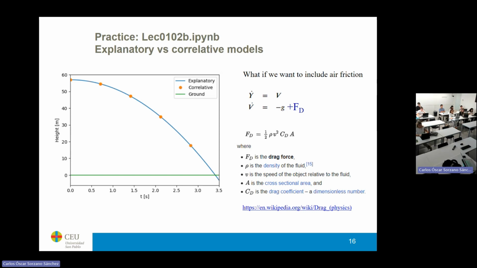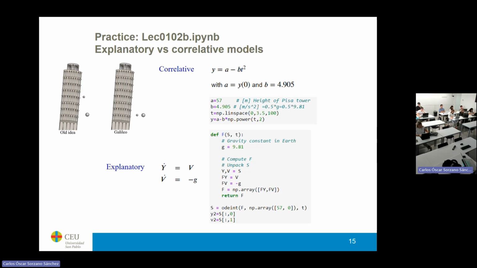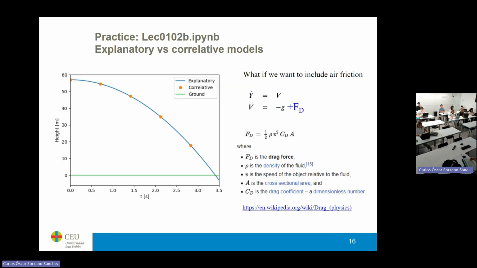But now I know how to include that into my model. So mechanistic models tell you what are the mechanisms behind the behavior of the model. While correlative models, these ones, may explain some particular situation, but they typically don't generalize. Okay, good.